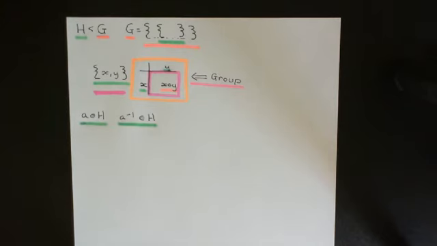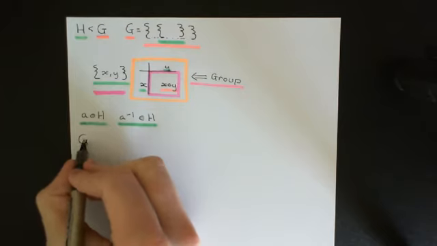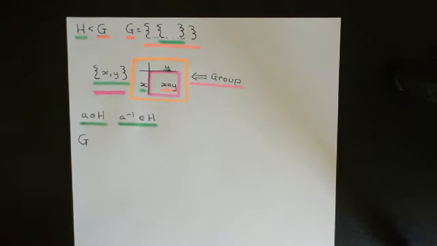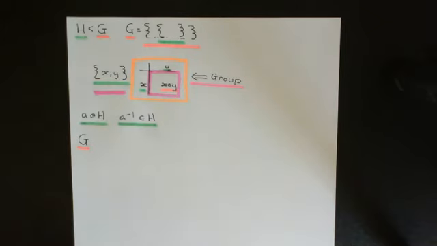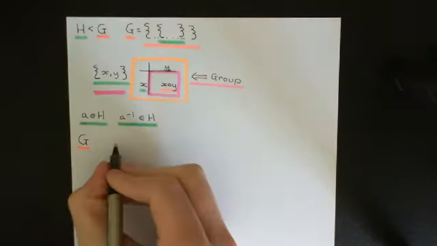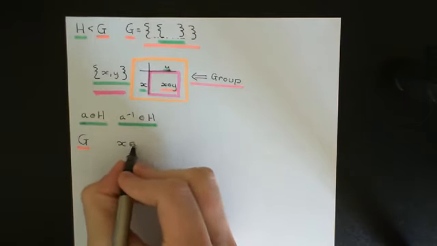Here's the idea: you generate a cyclic subgroup from an element of your group. Firstly, we start off with our group capital G, some group that we want to find subgroups of, and we're going to construct some cyclic subgroups of this group. What you need to do is take an element x, which is in G.